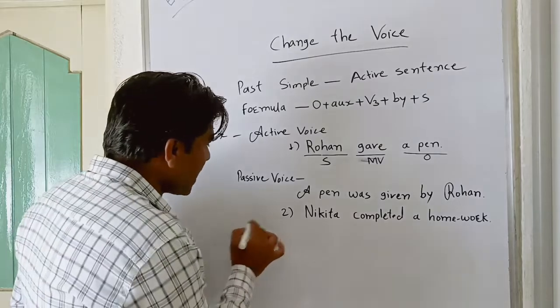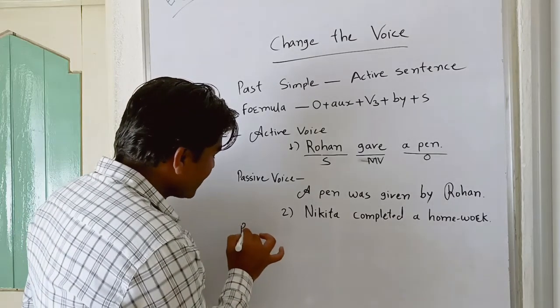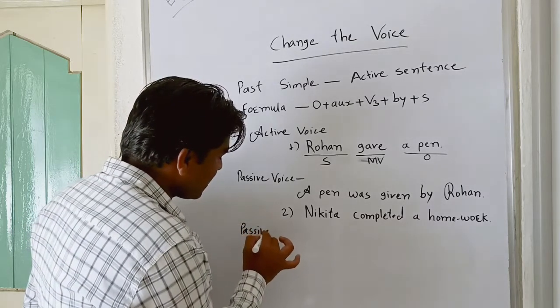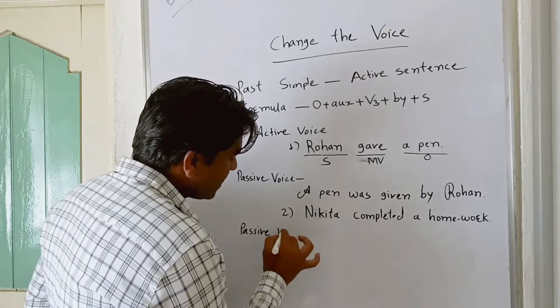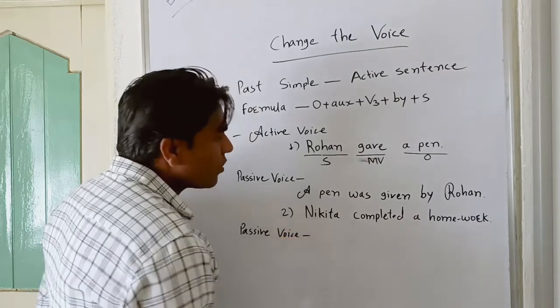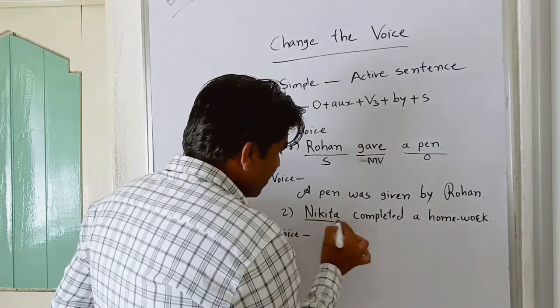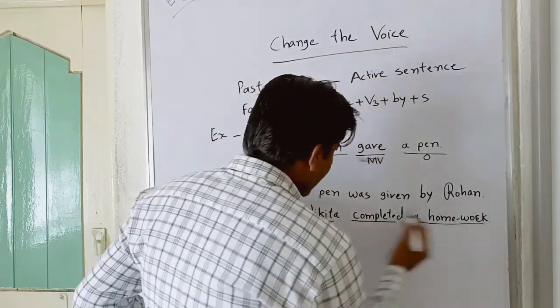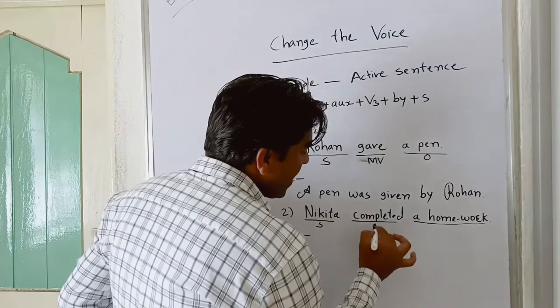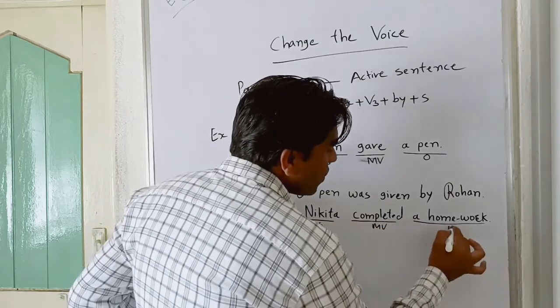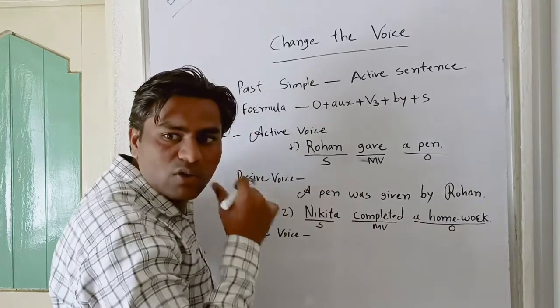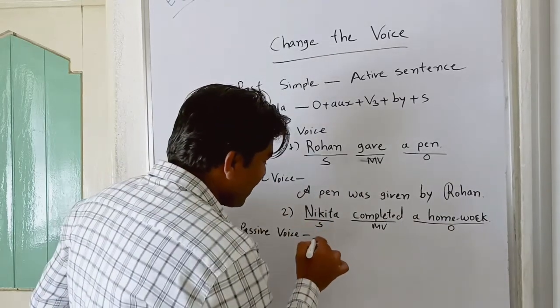Now when we want to transform it into the passive voice, we first write the object. I mark here: it is the subject, it is the main verb, it is the object. This object we have to write at the place of subject in passive voice.